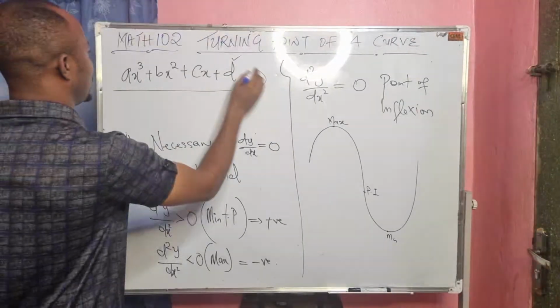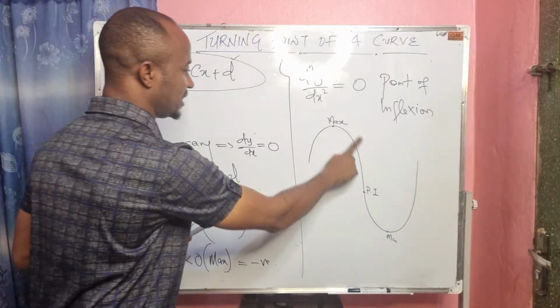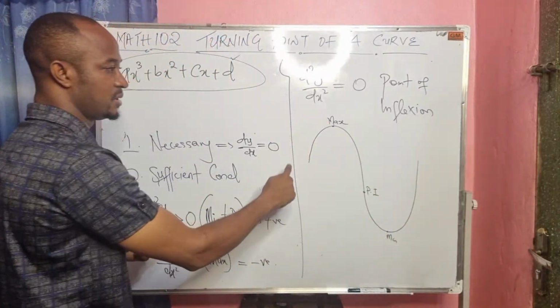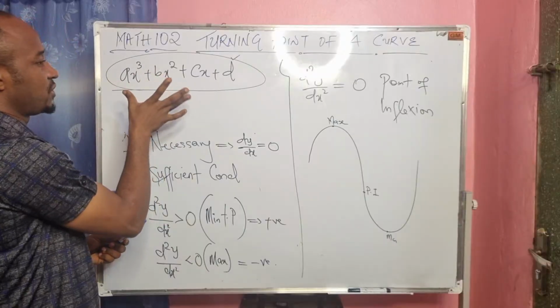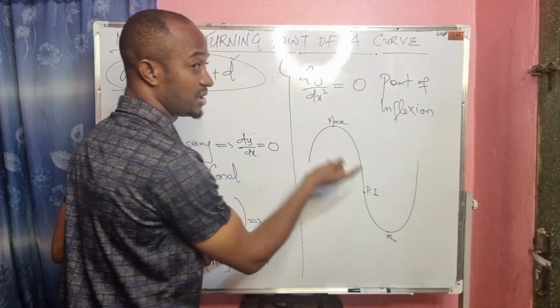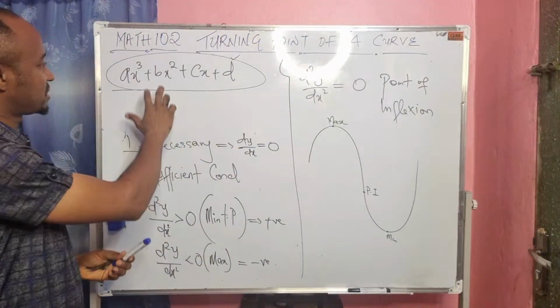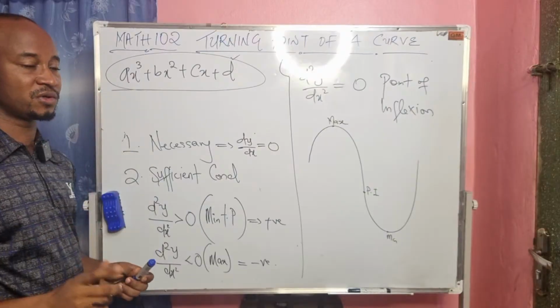When you plot a graph of this function, the graph is always in this form. Every cubic function always has the maximum, the minimum, and the point of inflection. These are the characteristics of a cubic function.